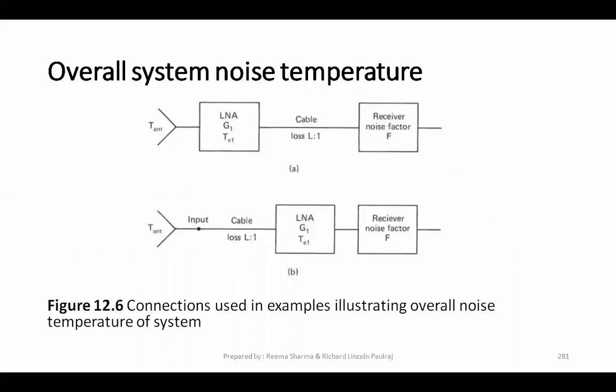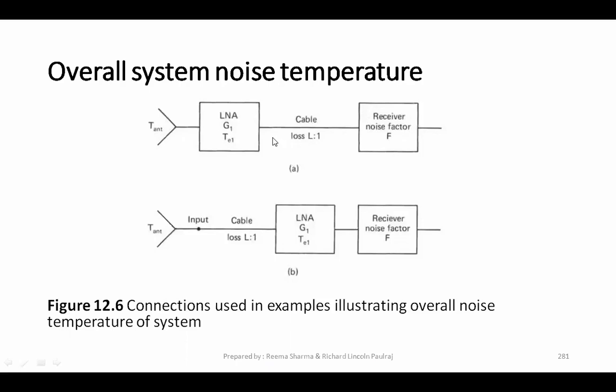So the next that we will be looking into is the overall system noise temperature. We have seen the antenna's temperature. The LNA is used instead of just having the amplifier. We will use a low noise amplifier whose gain is G1 and noise temperature is TE1, and this will be at your receiving noise factor.